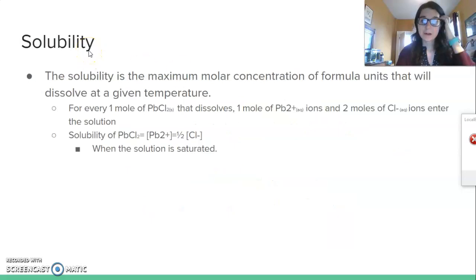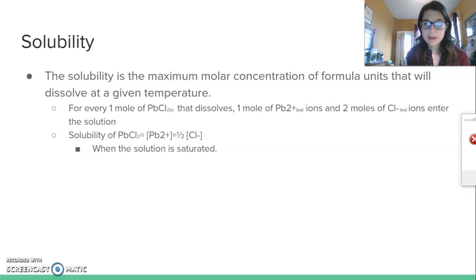So now we're going to talk about solubility. Solubility is the maximum molar concentration of formula units, which again, formula units are molecules for ionic compounds, that will dissolve at a given temperature. Usually it's described in units of moles per liter. For every 1 mole of lead(II) chloride that dissolves, we get 1 mole of Pb2+ and 2 moles of Cl- ions that enter the solution.